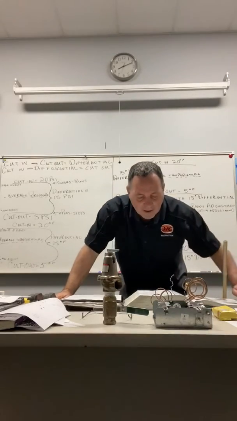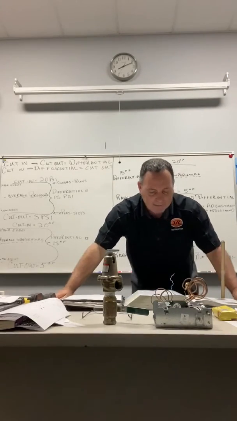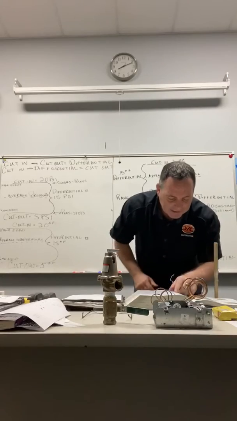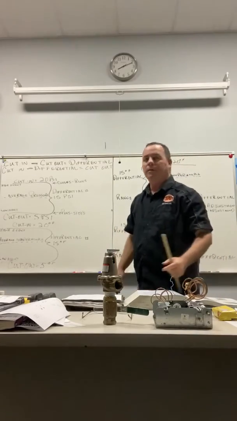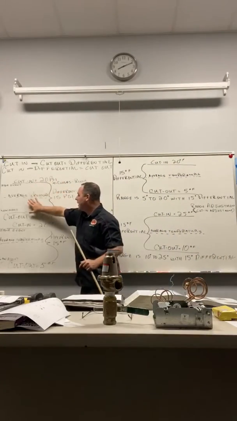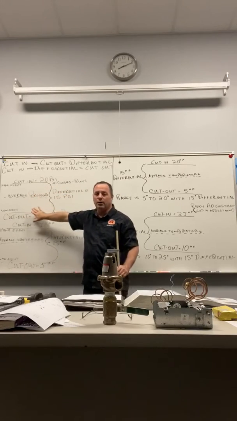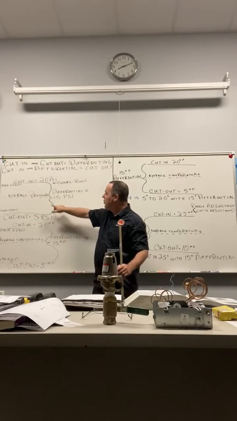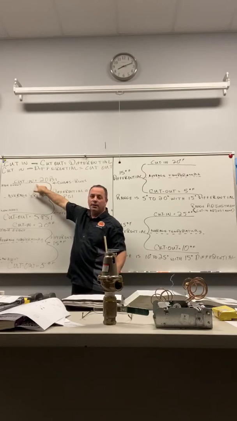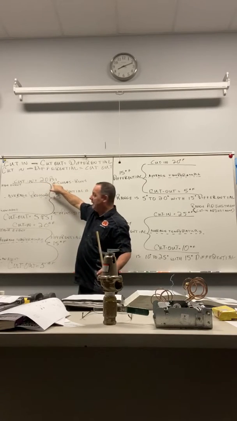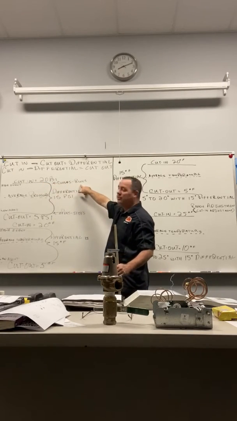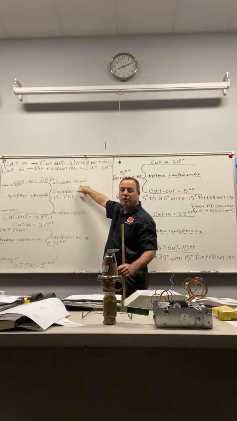So let's verify that a little bit. Notice in picture 1444, I drew it with a little more detail right here. Cut in, 20 PSI. That means the circuit closes and starts running.